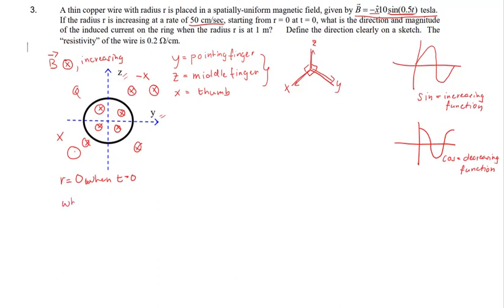So when r equals 1 meter, we don't know what the time is yet, but we need the I induced, direction, and magnitude.